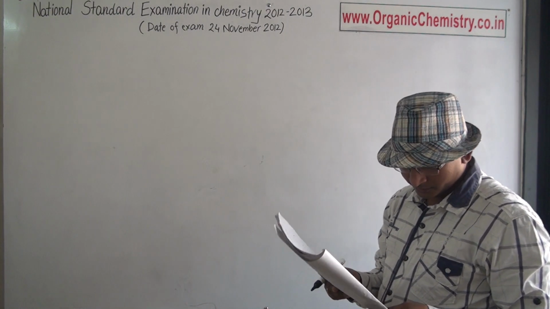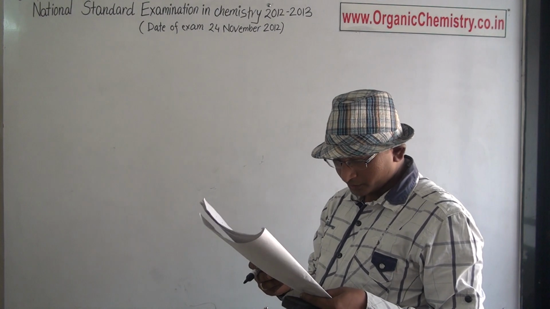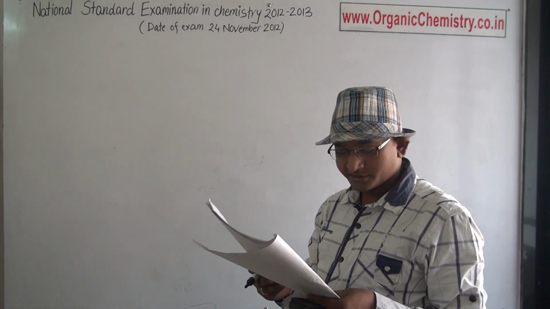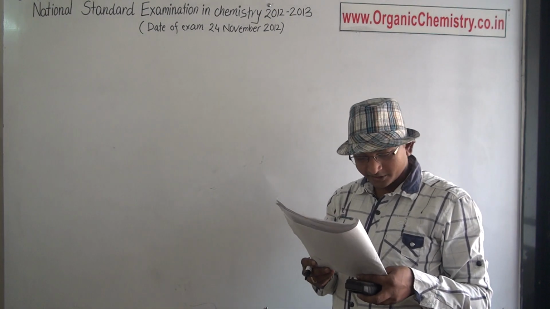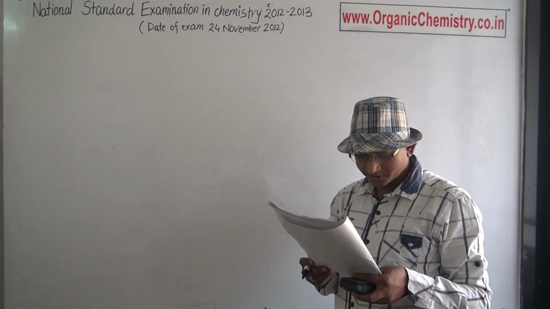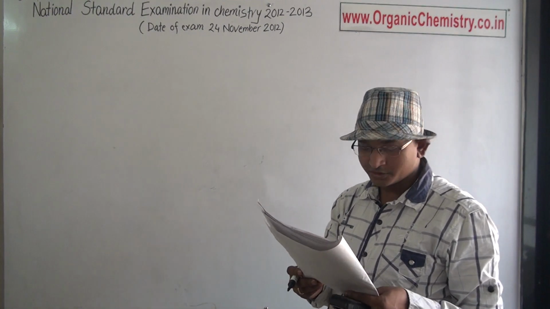Next question: a catalyst accelerates the rate of reaction primarily by stabilizing the. First option is intermediate, second option transition state, third option substrate and fourth option is the product.